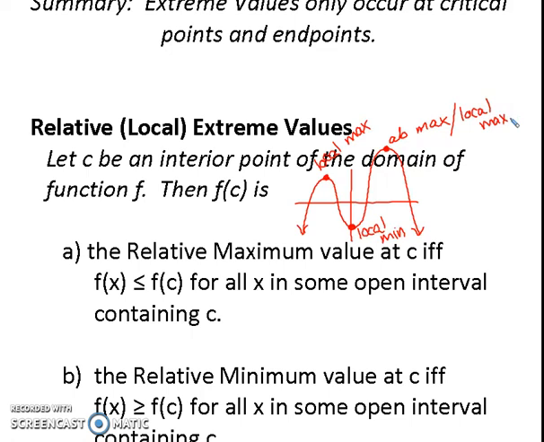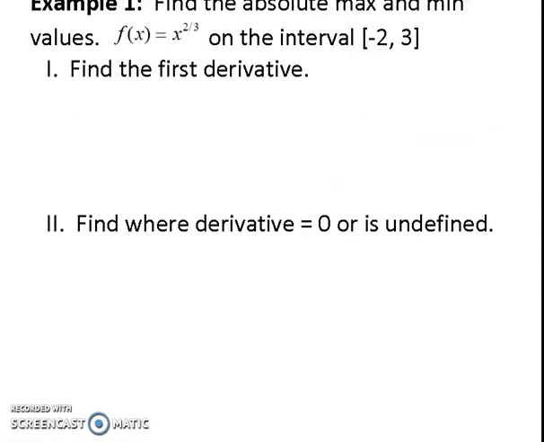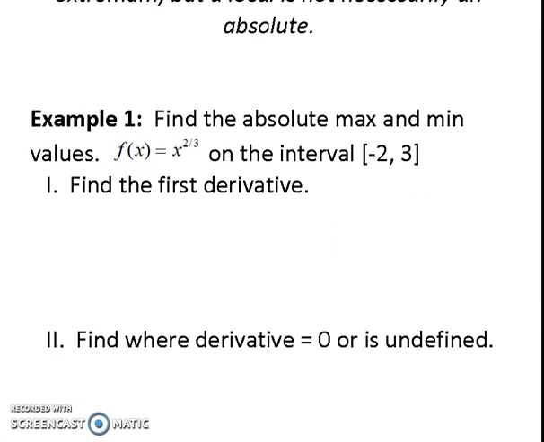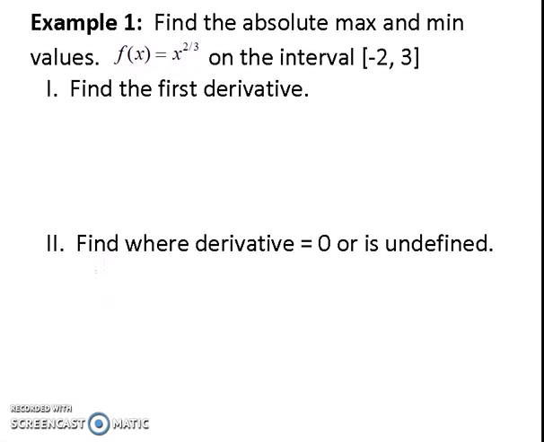It just also happens to be the absolute maximum for the entire function. However, something like this local minimum here could not also be classified as an absolute minimum because it's not the absolute minimum y value for the entire function. So it does not work both ways. Absolute can be local, but local cannot be absolute necessarily.